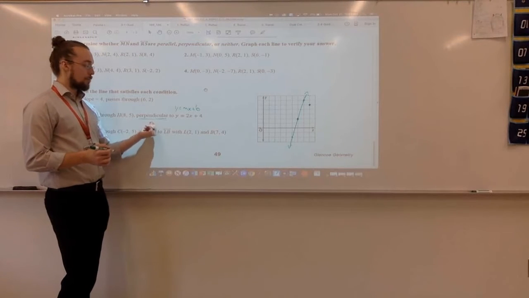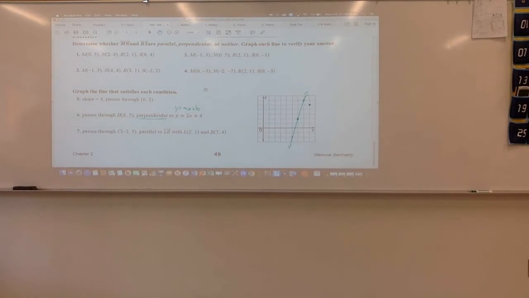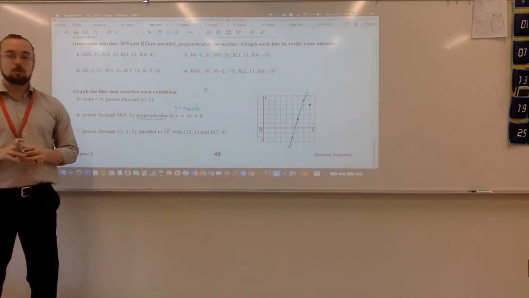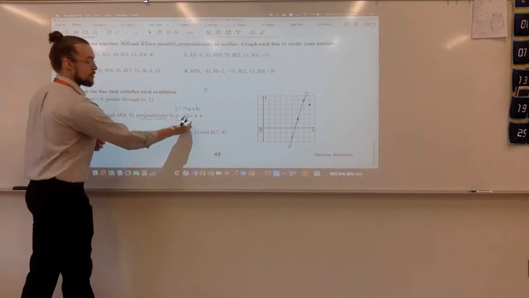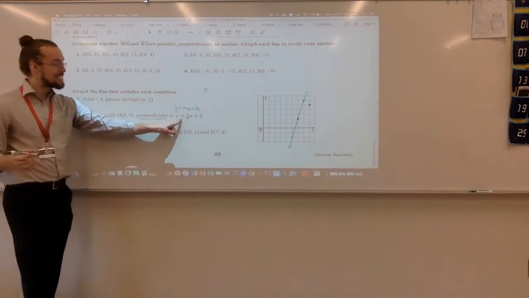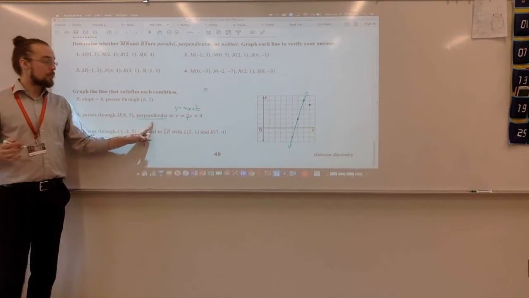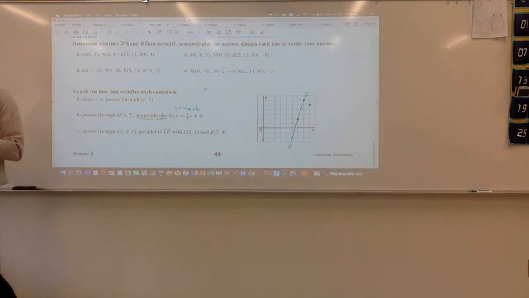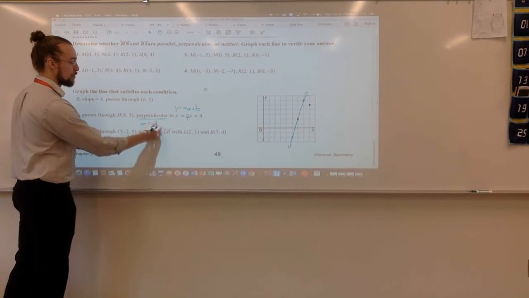But if I want a perpendicular line, I need the opposite reciprocal of 2. So what's the opposite reciprocal of 2? Negative 1 over 2. Okay, negative 1/2. Because if the slope of this line is 2 over 1, and I want the opposite reciprocal of this slope, my new slope will be negative 1 over 2.